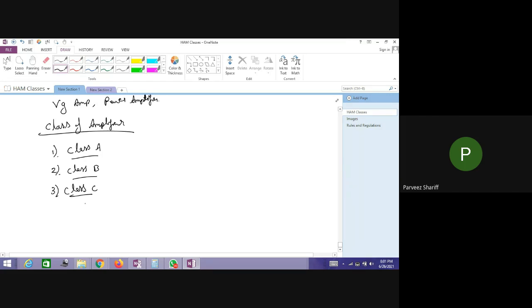So what do we mean by class of amplifiers? It means if this is my amplifier circuit, and I'm applying some input here, basically for an amplifier we apply an analog signal or a sinusoidal signal, and the output should be the magnified or amplified version of the input.